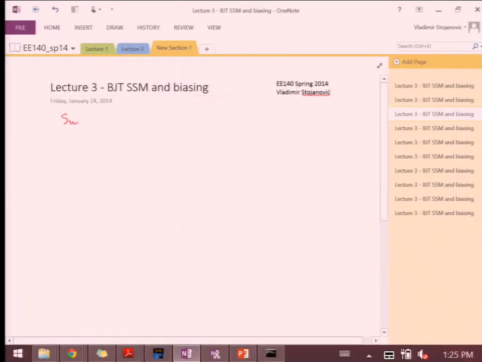Now that we went through at least the most important modes of operation, so we had cutoff, forward, and saturation. The reverse active region is kind of similar, but we said that it's very inefficient because the ratios of the dopings are different.